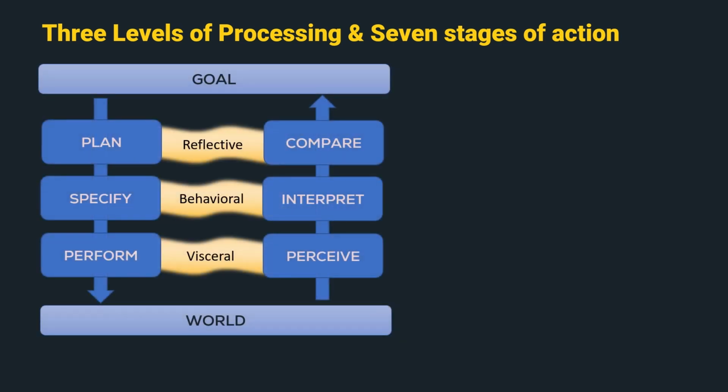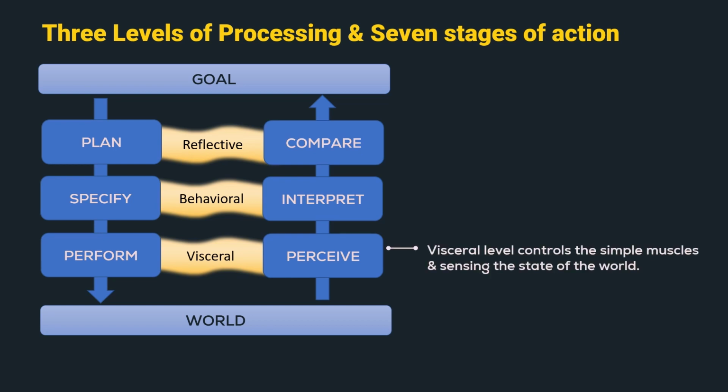The 3 levels of processing can be associated with the 7 stages of actions as follows. The visceral level acts at the perform and perceive stages. Visceral level controls the simple muscle actions performed in the perform stage and sensing the state of the world. The behavioral level acts at the specify and interpret stages.